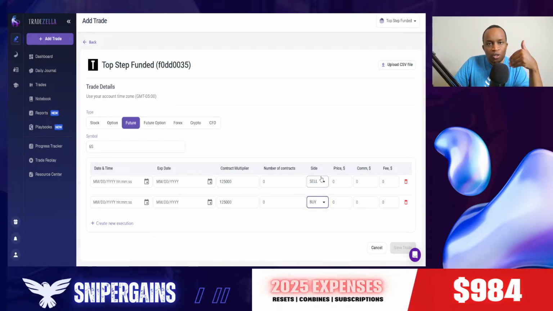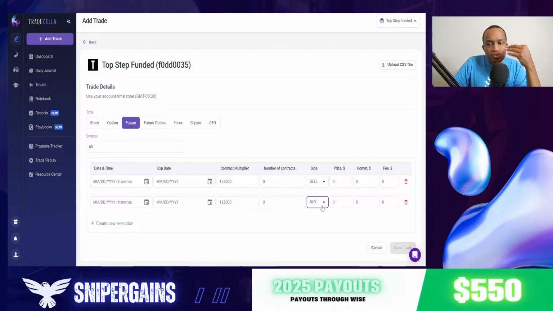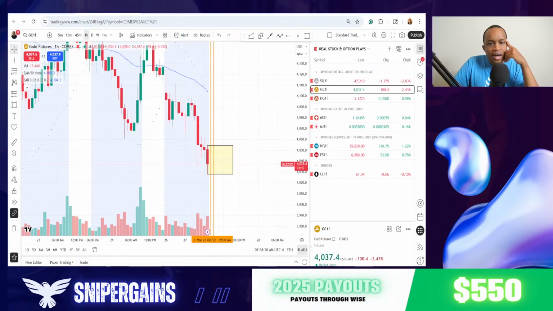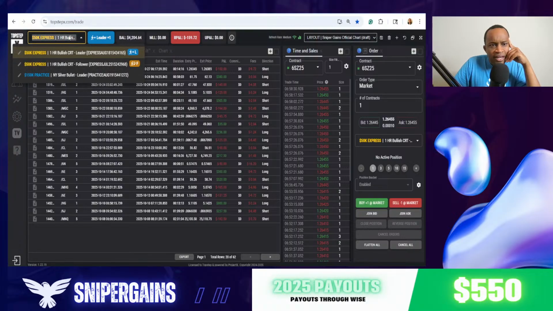Because whenever you short a stock, you're selling the shares. But then in order to get out of the position, you have to buy back the shares. So sell, buy. Now, if we take a look at this, since this is copy traded, so this one is the leader account.